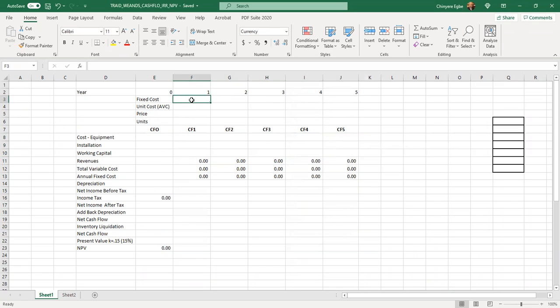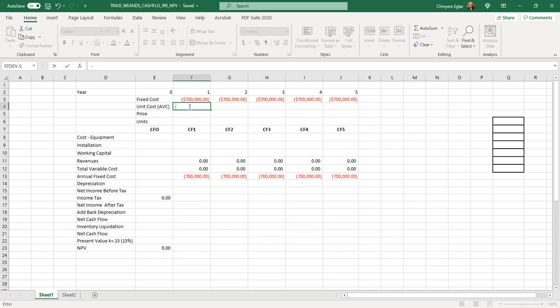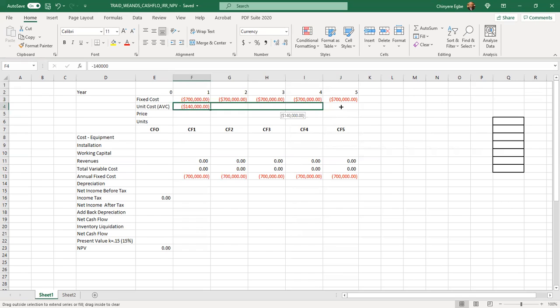The company will incur annual fixed costs of 700,000, and that will go throughout the project. And the variable cost, as you can see from the project, will be 140.